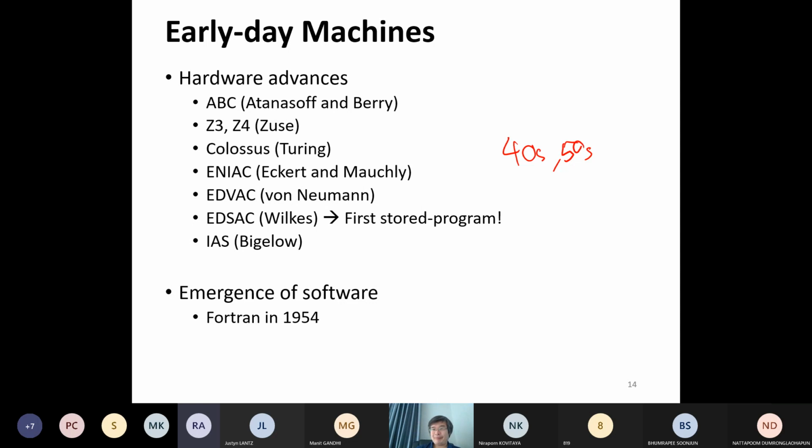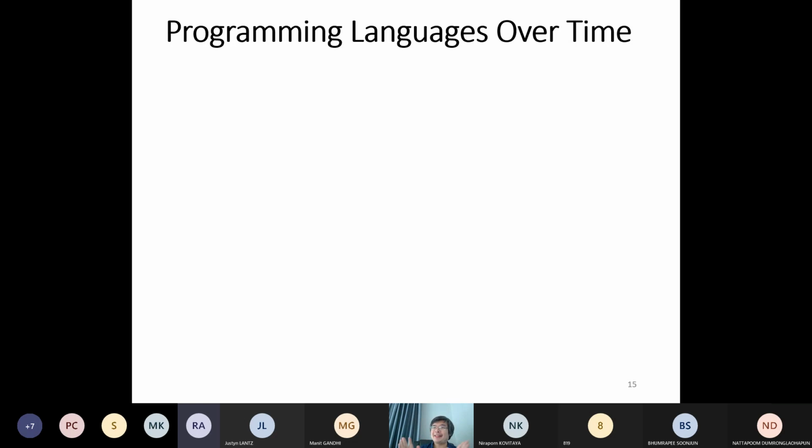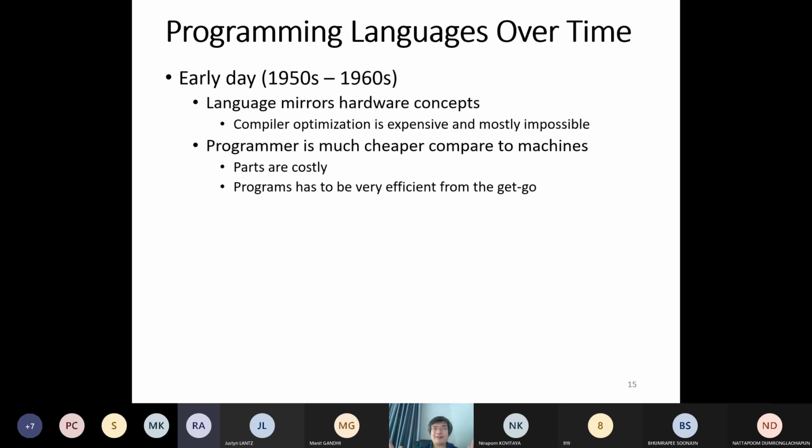At least that's what I've heard. But if you think about it, the programming language changed a lot from those early day machines, right? Why is that? Language back in the day mirrored hardware concepts. Basically, the hardware can do X, Y, and Z. The language should allow the programmer to just do X and Y and Z, and that's it.